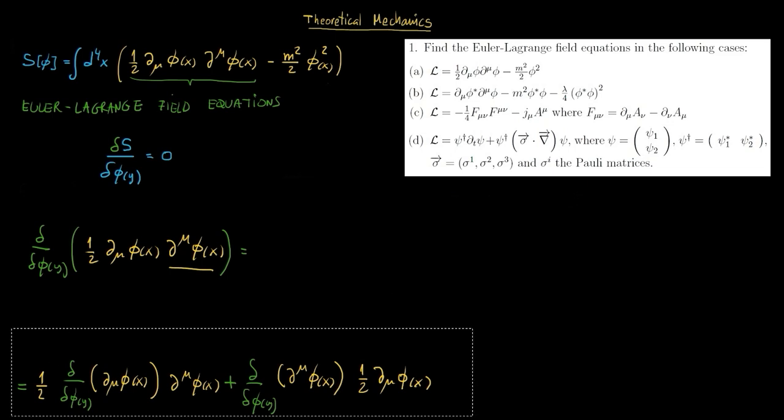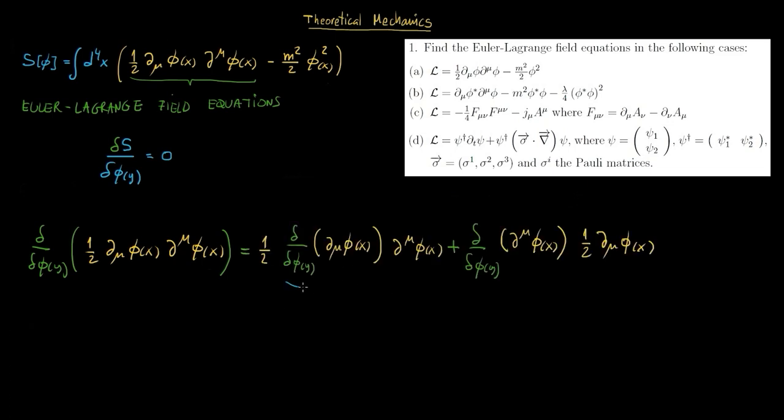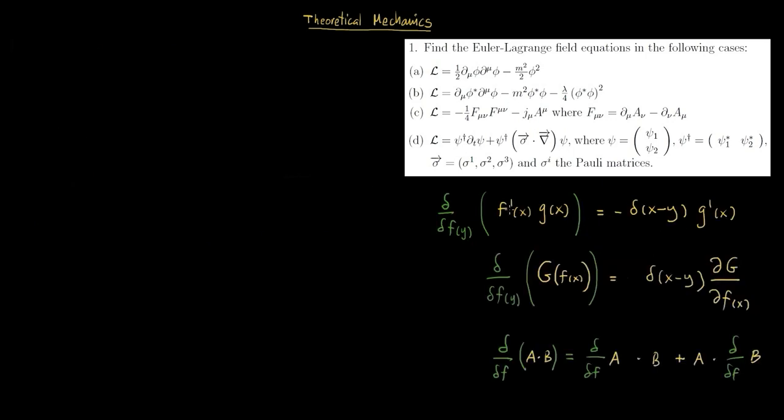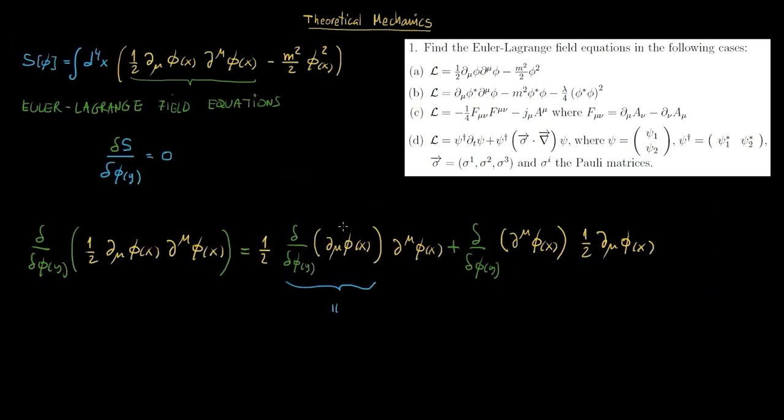So we have this and now we're ready to make this equal to what in fact it is. Remember, the first property says that this is minus delta times g prime. So this will be minus delta(x minus y) and this ∂_μ acting on whatever is in here, so ∂^μ φ(x).